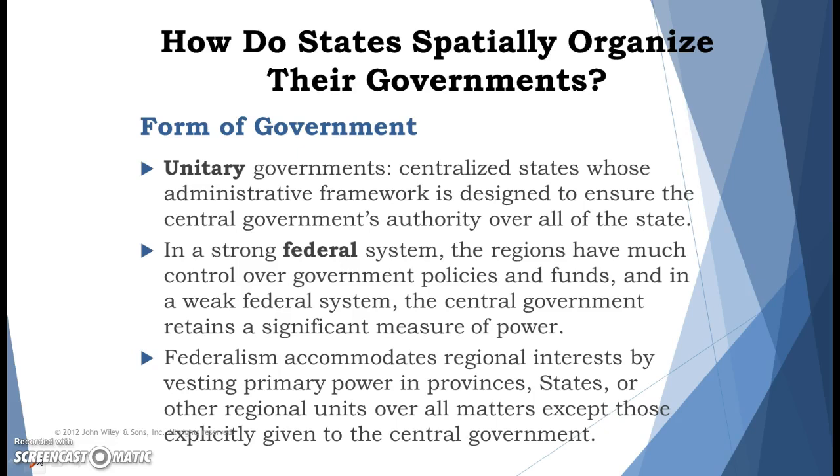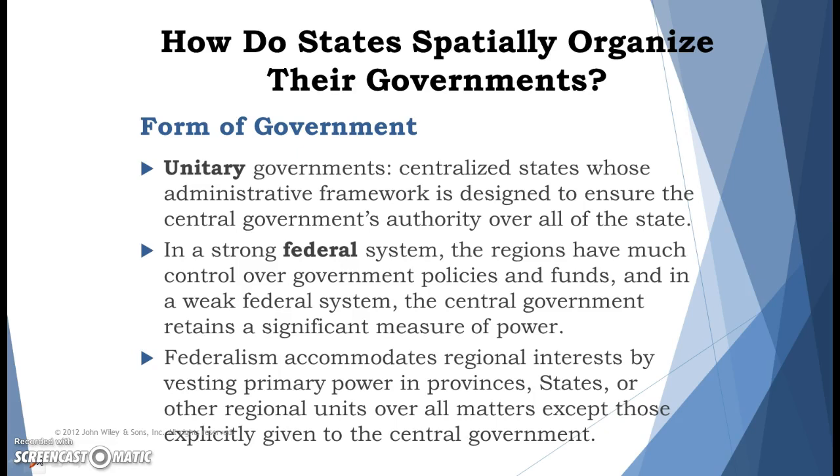The framework of the government is designed to make sure the central government has authority over all of the country. Britain is a classic example of this, although they're in the process of devolving their power. Britain's probably the number one cited example.